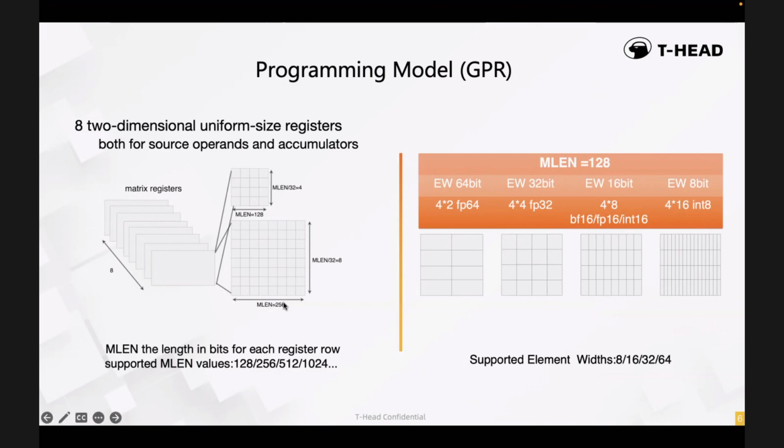We chose to make it fixed because we divide MLEN by 32 for 2 reasons. One is that we want to speed up 8-bit integer multiplication most. The accumulation data of this operation is 32 bits, so we choose MLEN, and the row must be MLEN divided by 32.